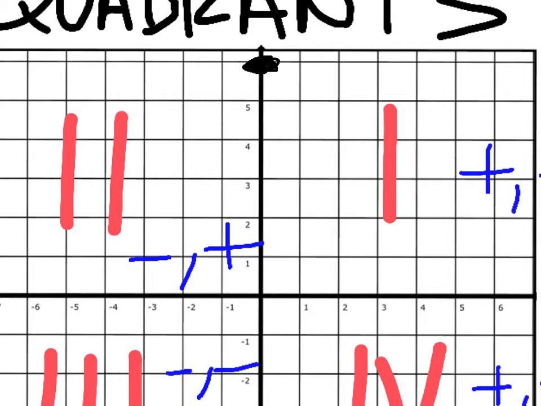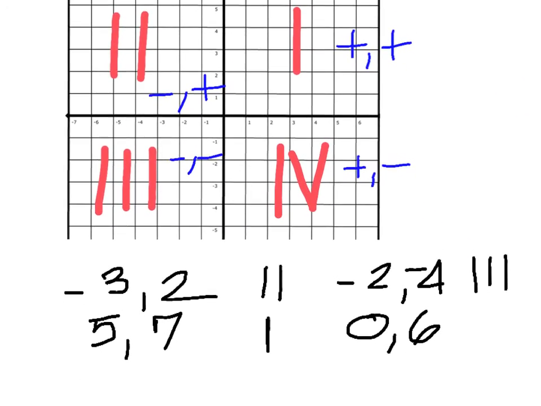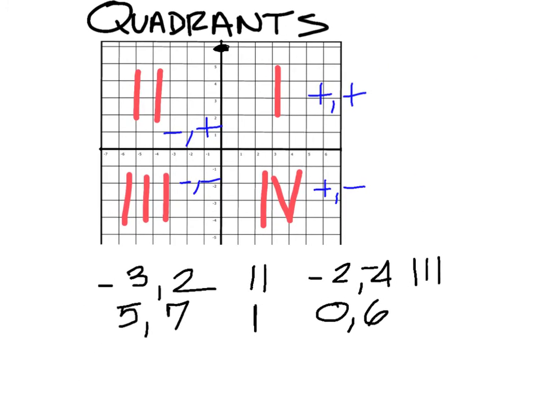Is it in the first? Is it in the second? It is in none of them. Remember this is the x-axis and this is the y-axis. If it falls directly on an axis, it's not in any of the quadrants, it's just none.